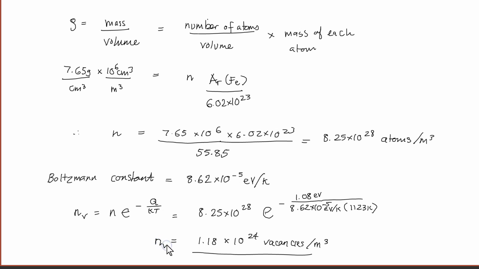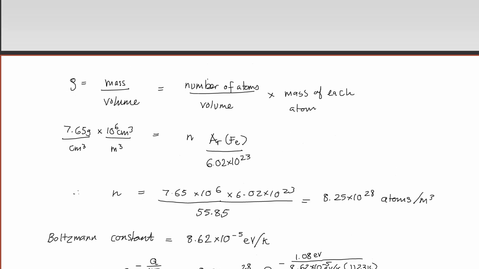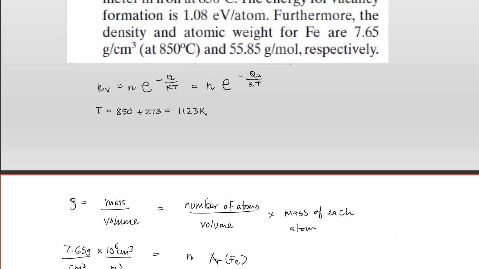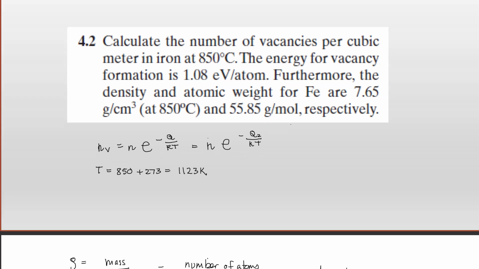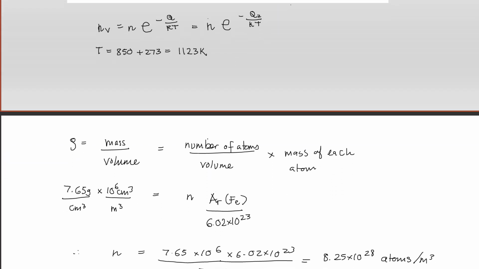And this is the solution for NV. So the key to these kinds of problems is to be careful with the units regarding the given quantities and the required quantities, and just be careful that when you find the constants, they have the appropriate units for the input numbers.